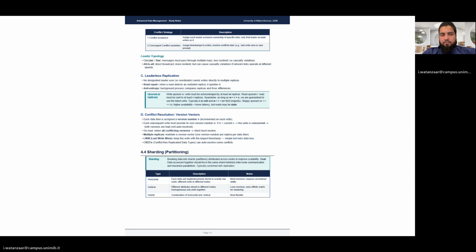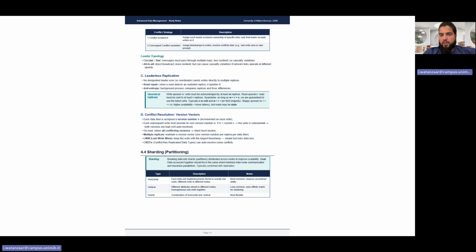scheme. But in this leaderless replication, we have a quorum of replicas. I mean, there should be certain quorums through which we address how to guarantee that the read and write have occurred. So for write quorums, W, a write must be acknowledged by at least W replicas, and for read quorums, R, reads must be sent to at least R replicas.